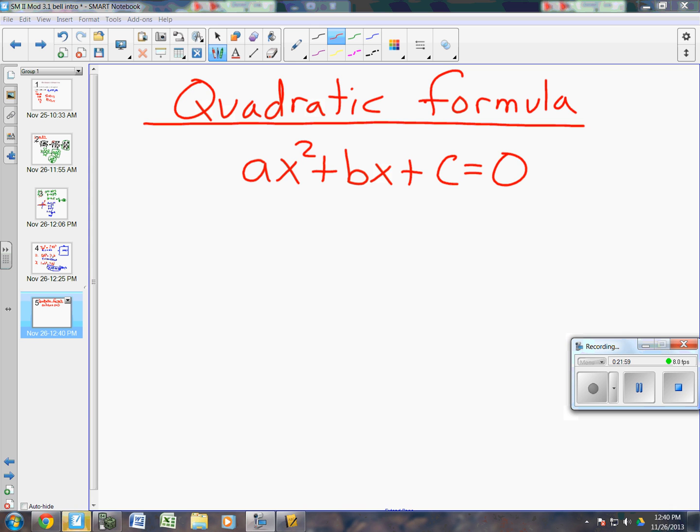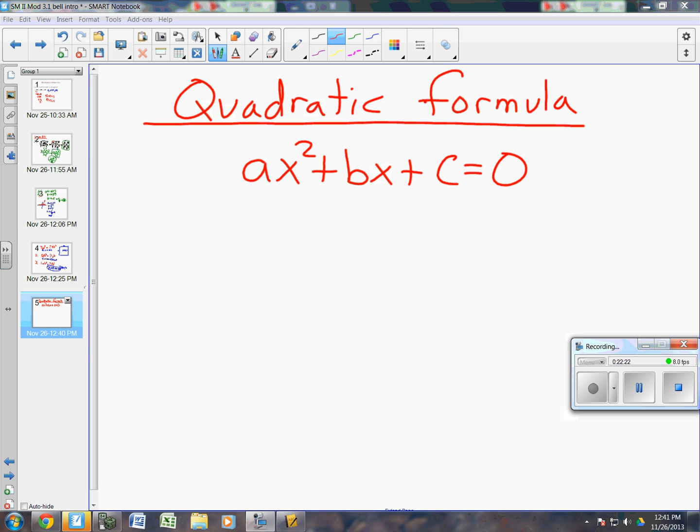When you take the standard form of a quadratic equation and complete the square on it, you come up with a formula called the quadratic formula. And I want to take you through this. I want you to write this down step by step so you can study it later. But mostly, because you have to know how to derive the quadratic formula.